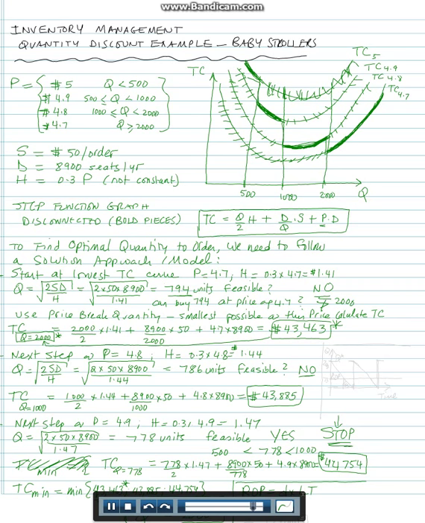If the lead time is, say, 3 days, then I will do 8,900 over 365 times 3. That will give me about 73, and that is also in units.